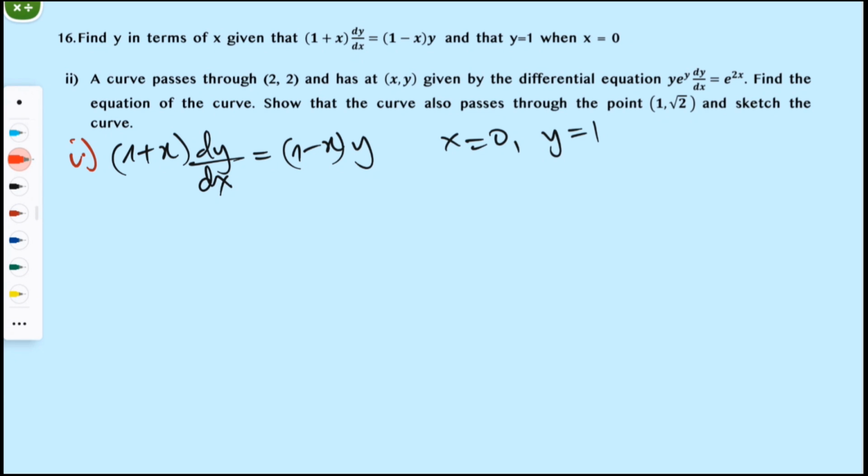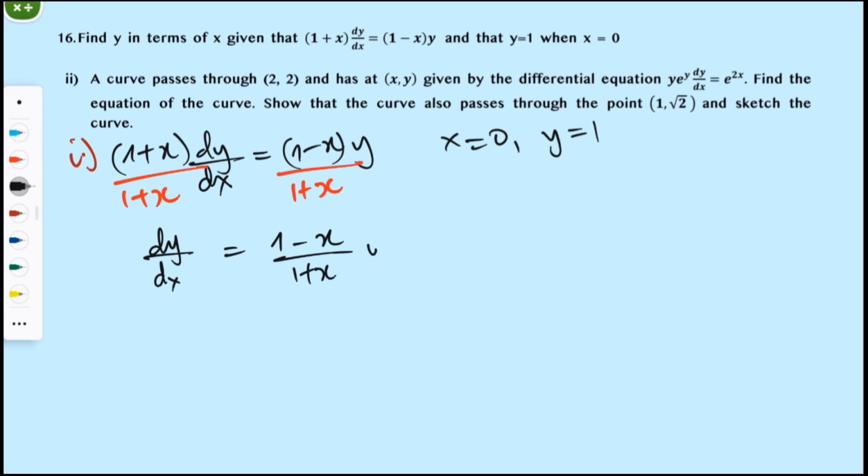So let's start by dividing both sides by 1 plus x to get rid of it over here, so that this would be dy by dx equals 1 minus x over 1 plus x, y.